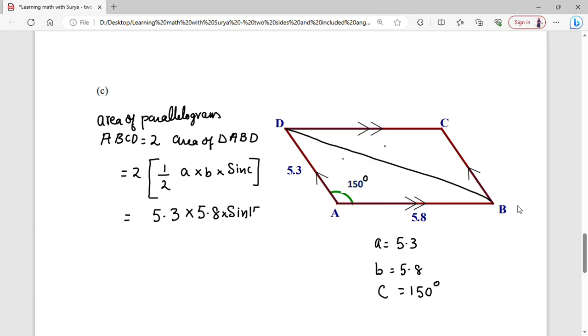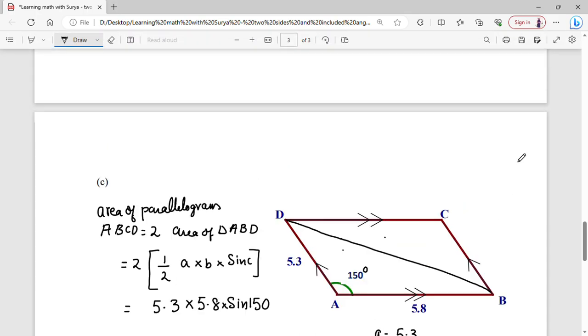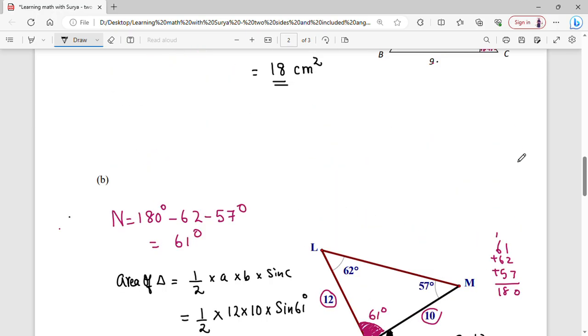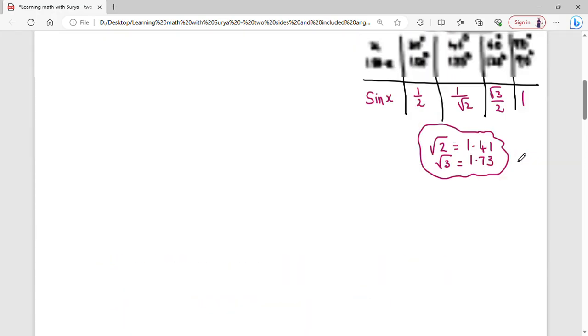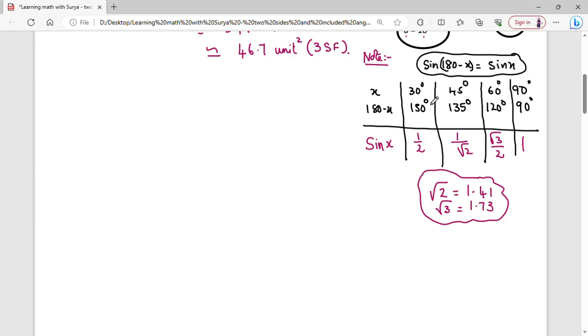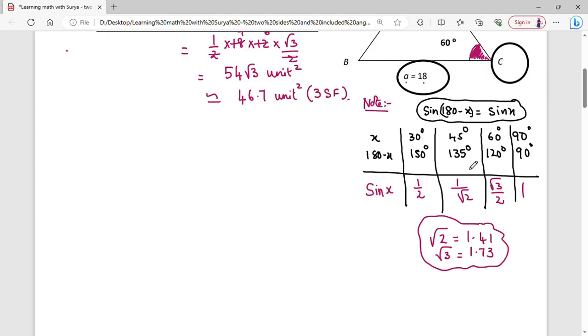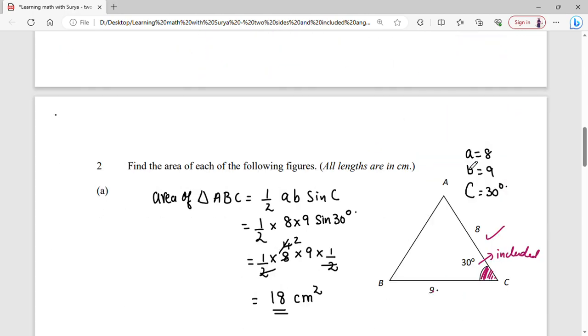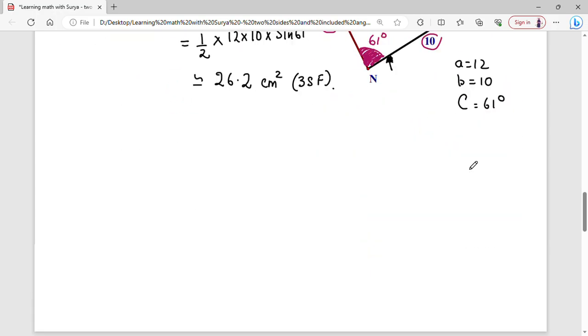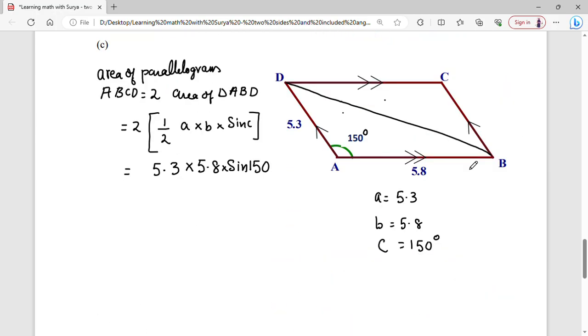But I've told you that sine 150 and its supplementary angle, that is sine 30 degrees, are the same. So let's go back and recall that sine 30 and sine 150 are the same value. You may check with your calculators if you have. Alright. So this could be written as 5.3 times 5.8 into sine 30.